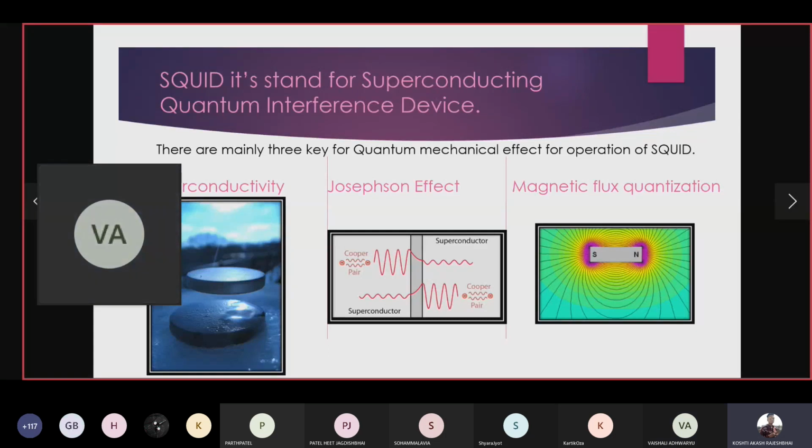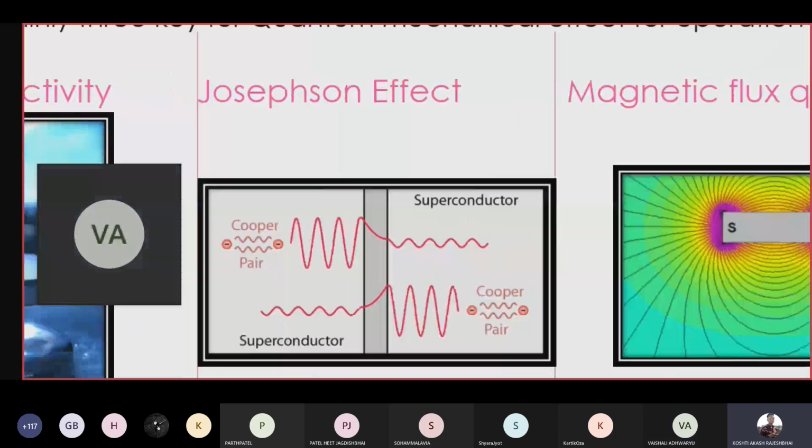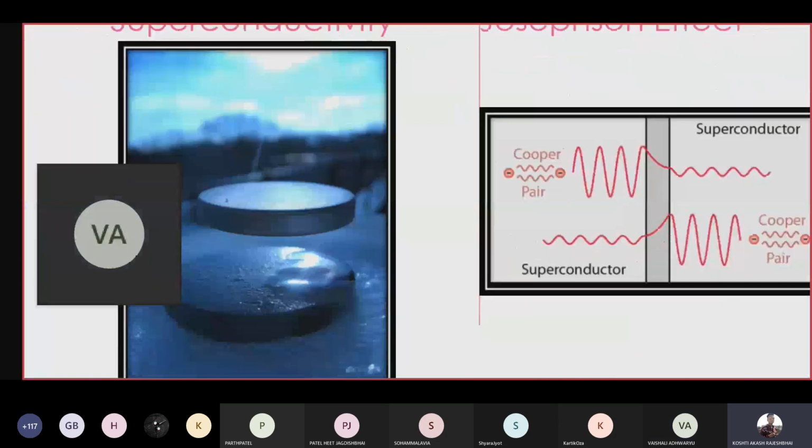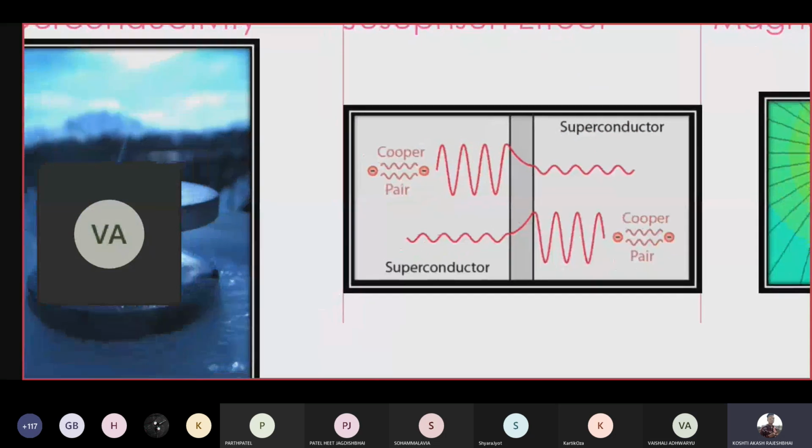Ma'am, these are examples of the Cooper pair, which we discussed in the last session. Here, both electrons of the Cooper pair. Are you able to see here? Yes, we are able to see, Akash. Both electrons were in the superconductors, and in between, at the non-superconductor junction, they were not able to pass easily.